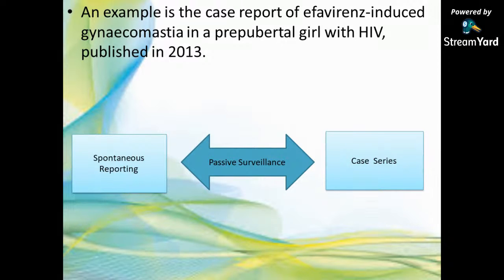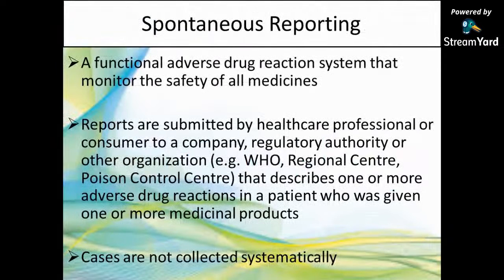So if you see passive surveillance, it basically contains two methods. The first one, and the important one, is spontaneous reporting, and the second one is the case series. So first we will start with spontaneous reporting.